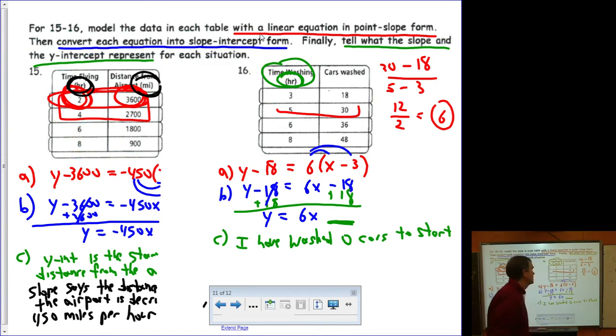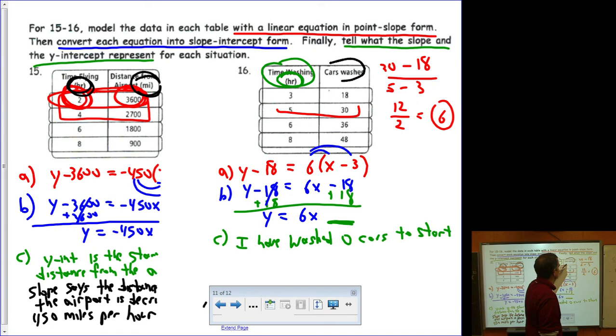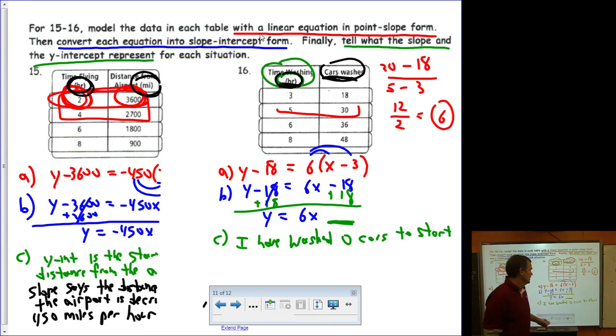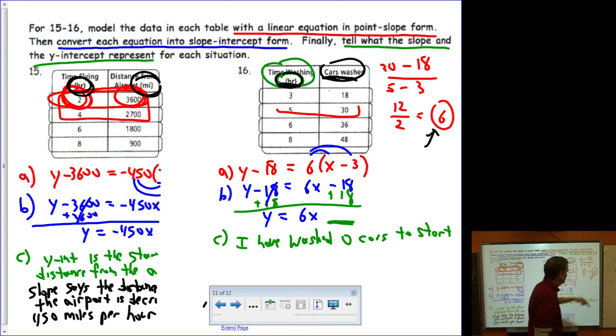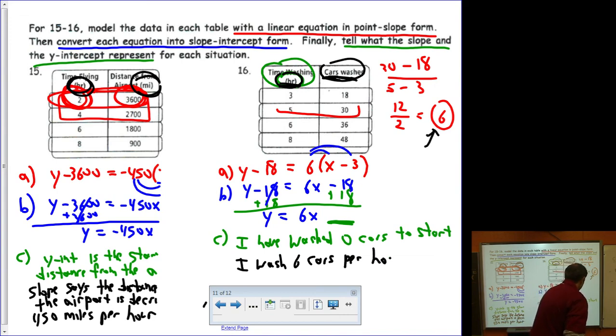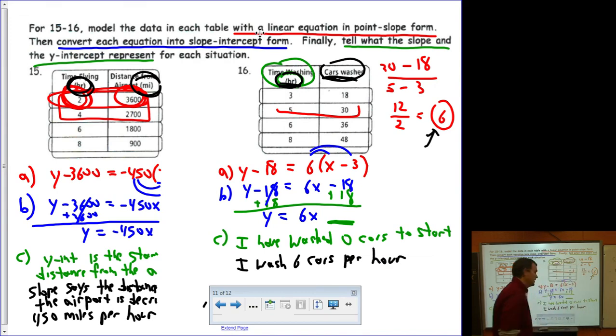The slope is the rate of change, and it's always the y units over the x units. So it's going to be cars washed per hour. And in this case, the slope was 6. So the slope means I wash 6 cars per hour. All right, there you go.